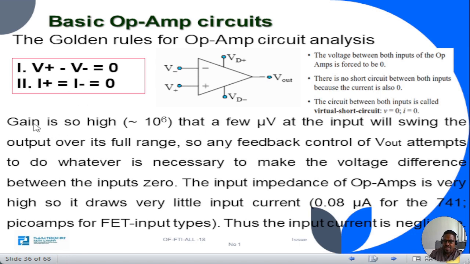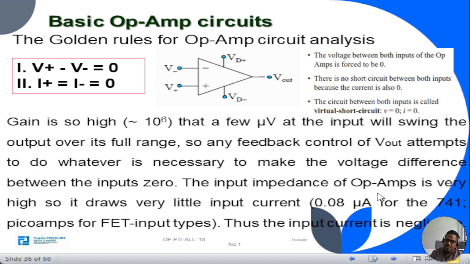As you know, the gain of the op-amp is so high, it reaches up to 10 raised to 6, so a few microvolts at the input will swing the output over its full range. So any feedback control of Vout attempts to do whatever is necessary to make the voltage difference between the inputs zero.